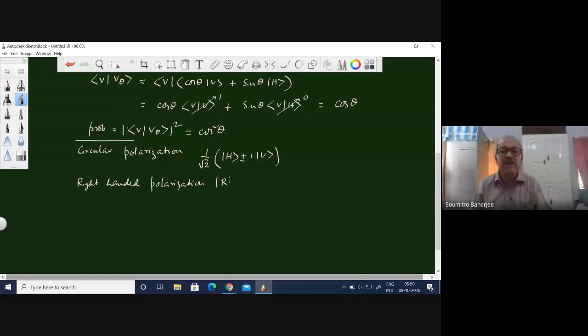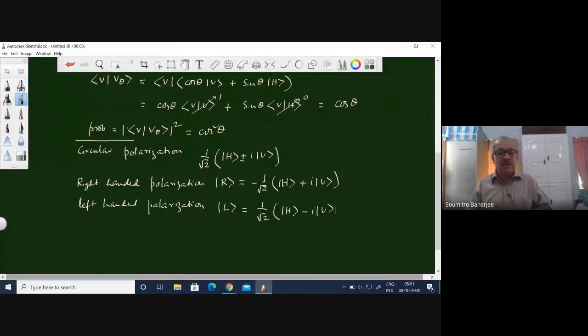I will write R, the right-handed polarized state, is 1 by root 2 times H plus i V. And the left-handed polarization is 1 by root 2 times H minus i V. So essentially, by using complex numbers here, we can represent all possible states of polarization.